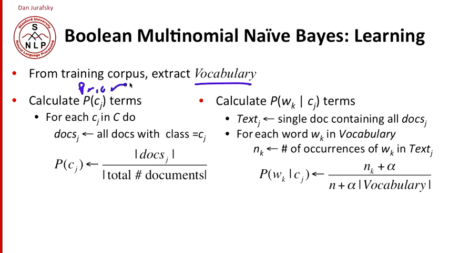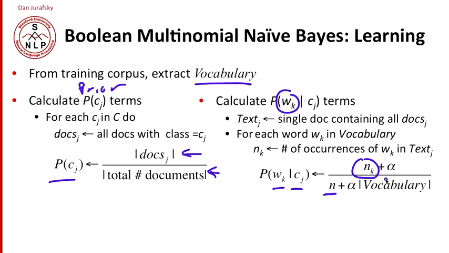Remember the priors, by looking for how many documents occur with a particular class over the total number of documents. So there's our prior. And for the likelihood terms, for each word, for each class, we roughly counted the count of this word over the count of all words in a class. And that gives us the likelihood of a word in a class. And then we did some add-1 smoothing.